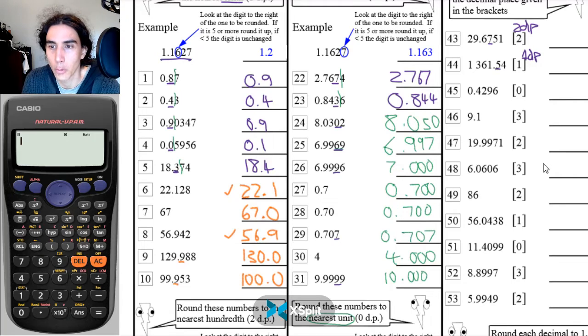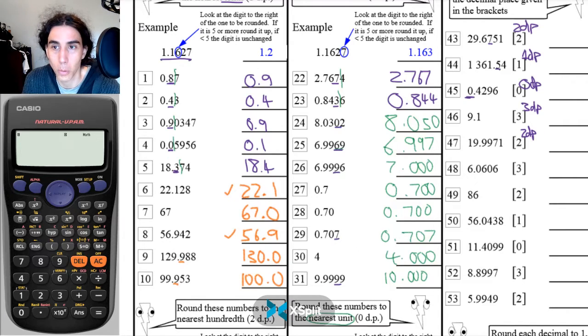So you're rounding there. This one, that's the last digit you want. You might have to round. 0 decimal places means to the nearest unit. So we're keeping that digit. 3 decimal places, 2 decimal places, etc.